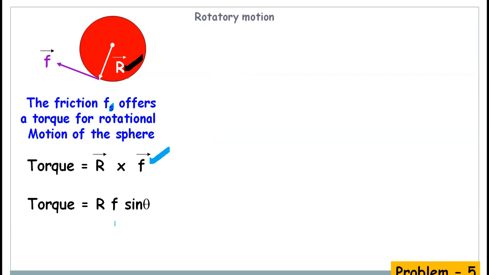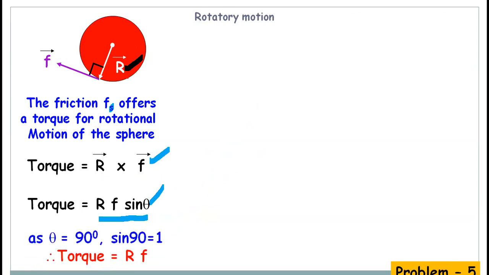So R vector cross F vector will be RF sin theta, where theta is the angle between the two vectors involved in the cross product. That is nothing but radius vector and F vector, which is 90 degrees here. Okay, and sin 90 is 1. So since theta is 90 and sin 90 is 1, the torque offered by the frictional force for the rotational motion of the sphere becomes R into F. So the torque offered by the friction is given by the formula R into F.